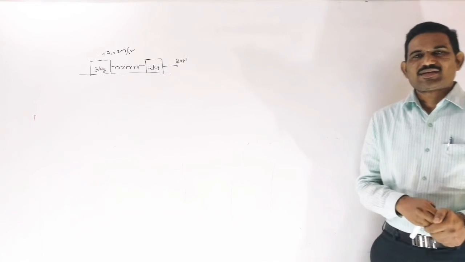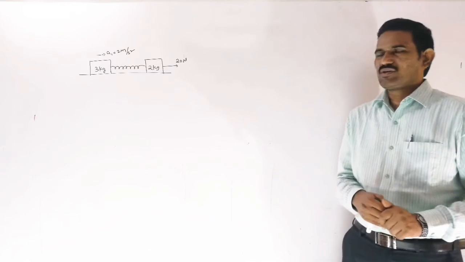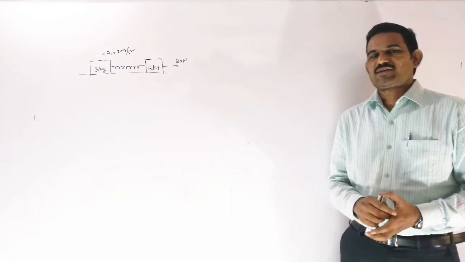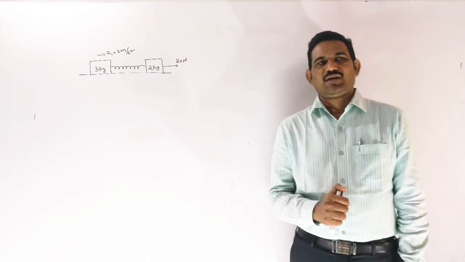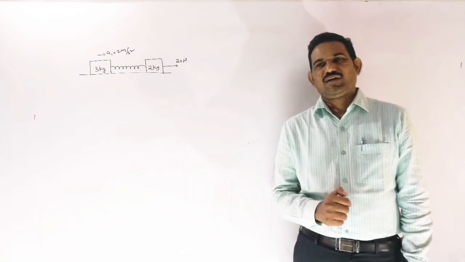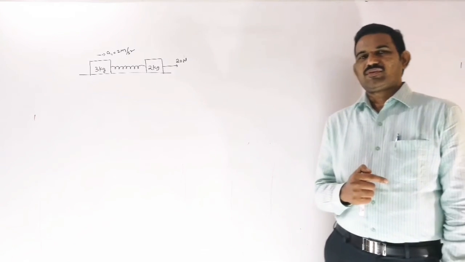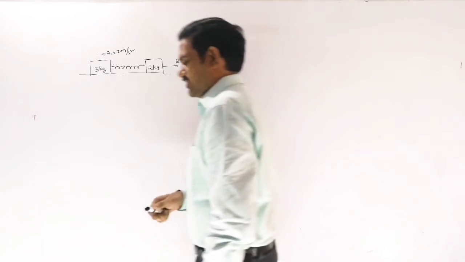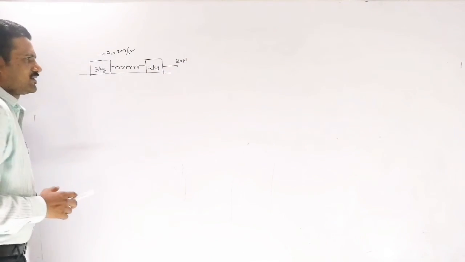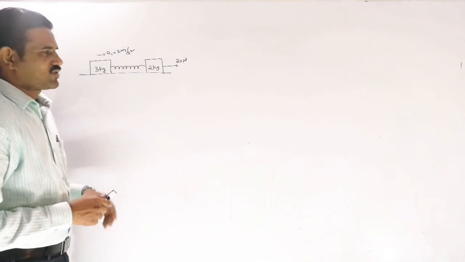When the acceleration of the 3 kg block is 2 meter per second square, then find the acceleration of the 2 kg block at that instant. So at this instant we need to find the acceleration of the 2 kg block.